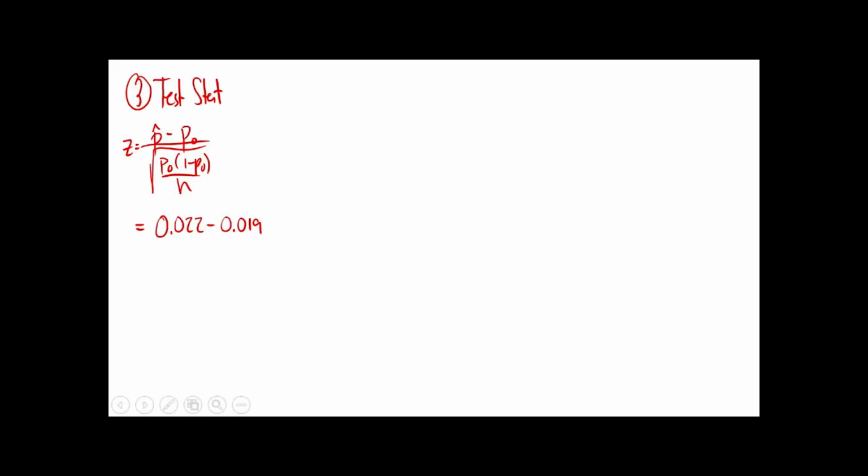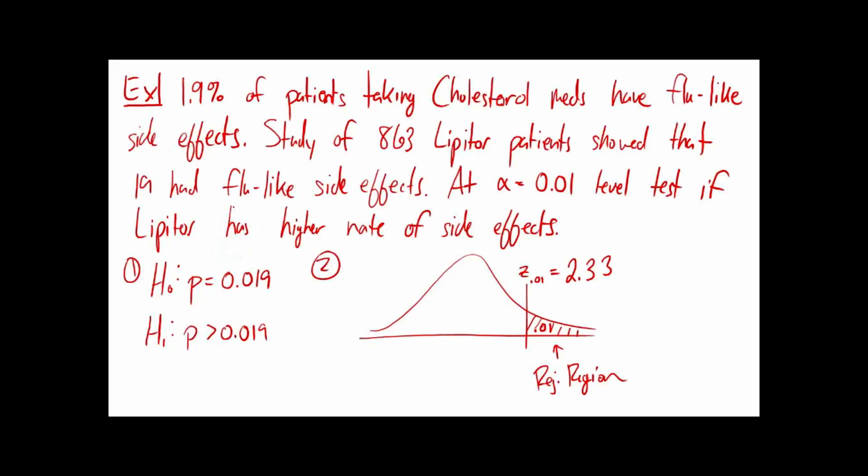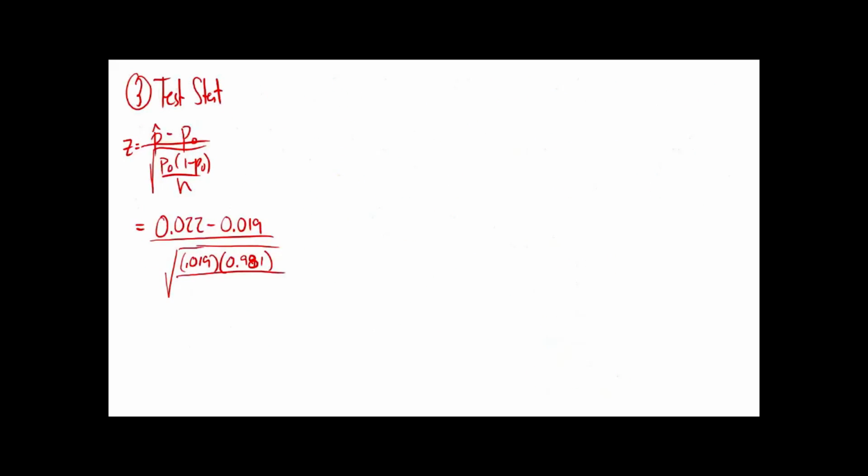Minus the null hypothesis value, 0.019, all over the square root of 0.019 times 1 minus that, which would be 0.981, all over our sample size, which was 863.